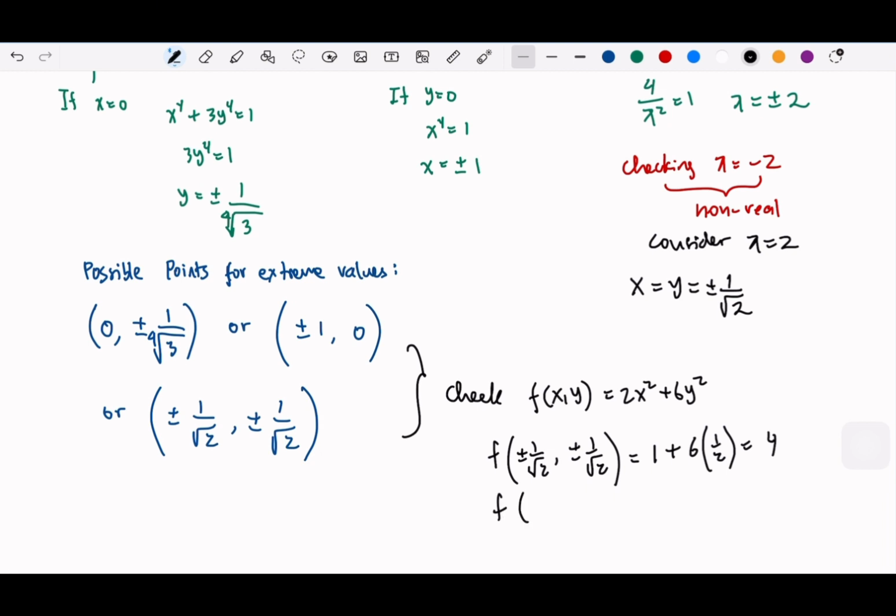And if we check this, this will give you 2 over square root of 3 plus 6 times 1 over square root of 3, or it's 8 over square root of 3. So we still get some number.